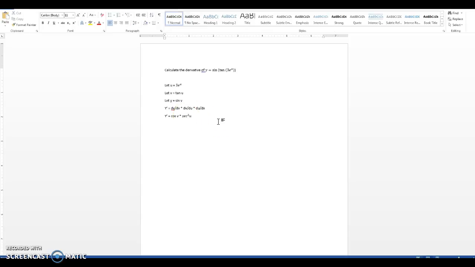And then du/dx is going to be the derivative of 3e to the x, which is 3e to the x.